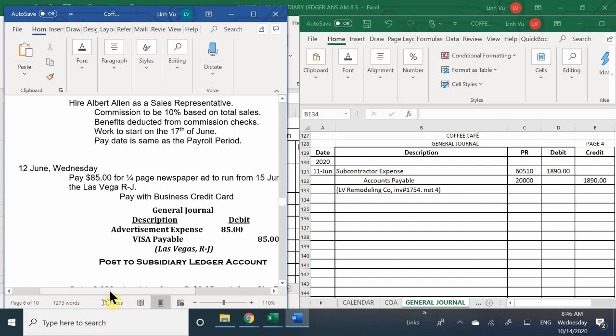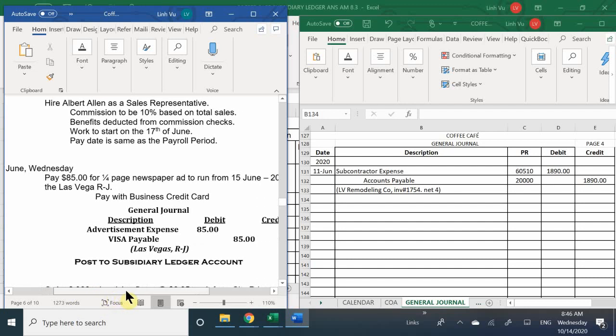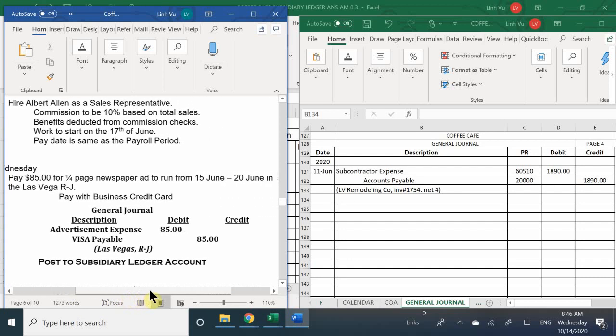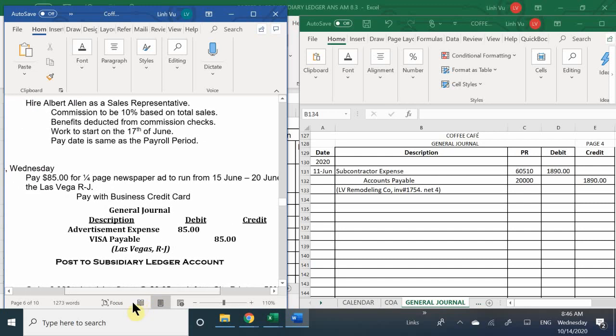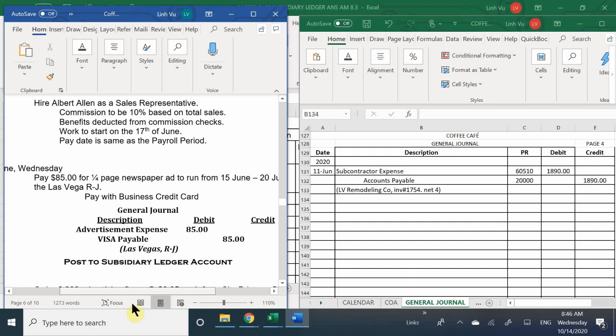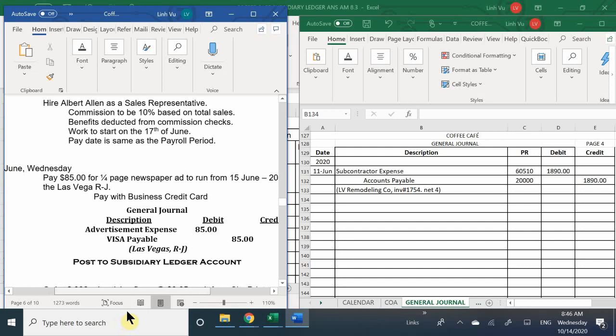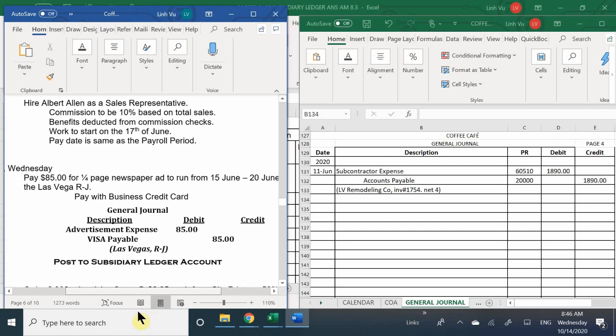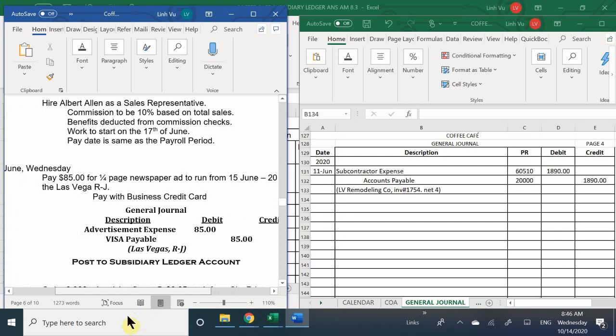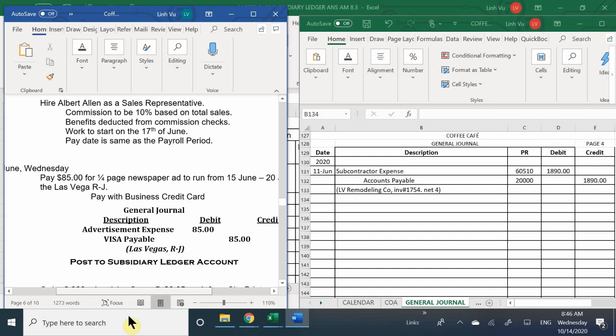On June 12th, you paid $85 for a quarter-page newspaper ad to run from June 15th to June 20th in the Las Vegas RJ. You paid with business credit card. Ooh, so this is our very first transaction where we're using a business credit card.